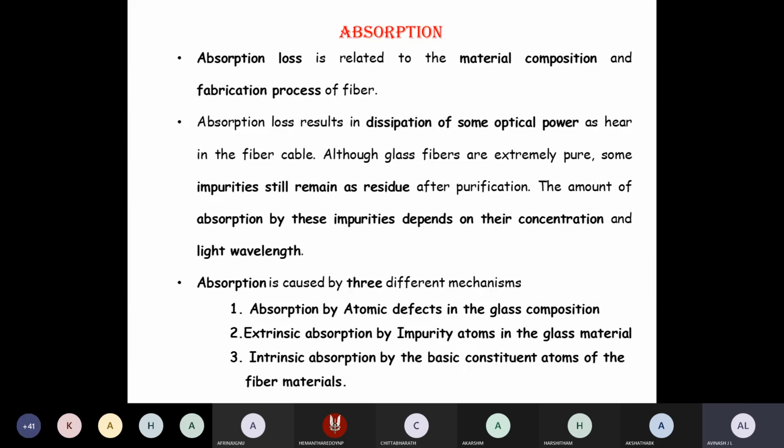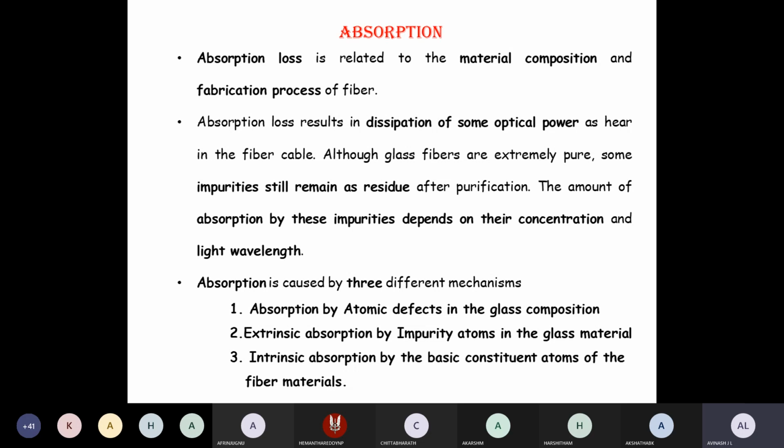So the amount of absorption by these impurities depends on their concentration and light wavelength. Now here, for different purposes and for different wavelengths, we are going to manufacture the optical fiber.